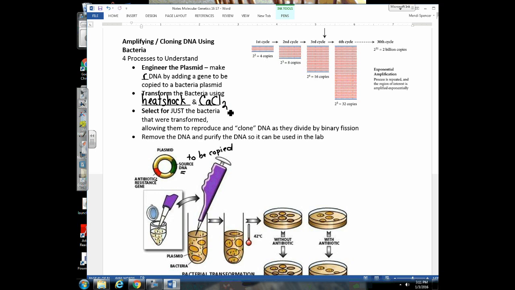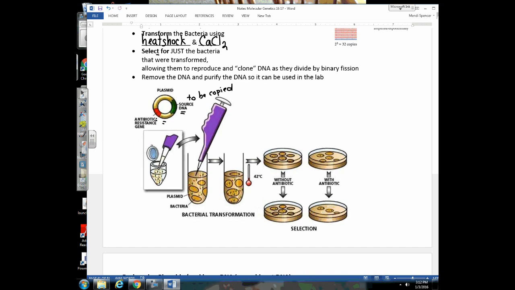Another idea to understand is after we have exposed bacteria to this recombinant DNA to try to transform them, how can we select for just the bacteria that was transformed? And we can get rid of the other bacteria that do not acquire this recombinant DNA. And then eventually we're also going to talk about, well, how can we grow these cells with recombinant DNA and then remove the DNA and purify it so that it can be used in a lab.